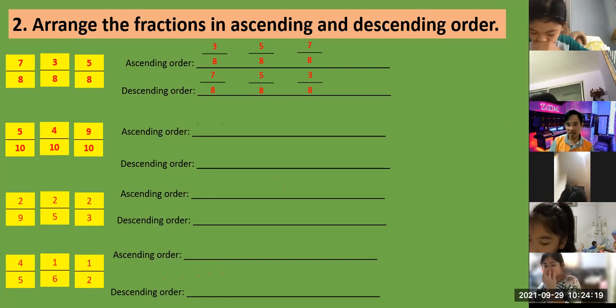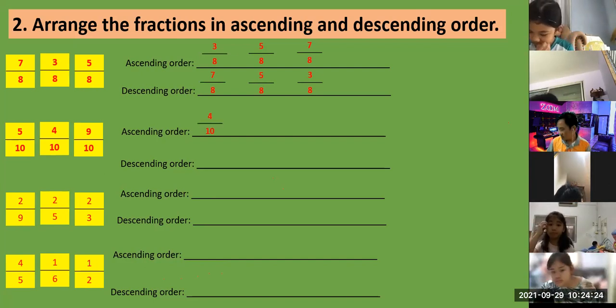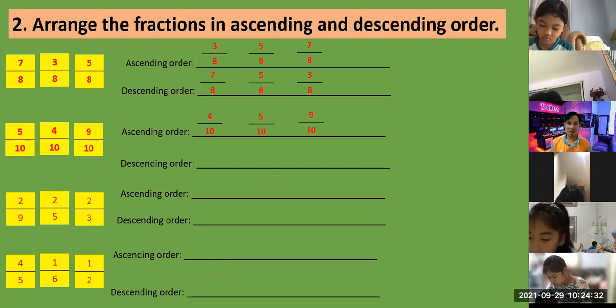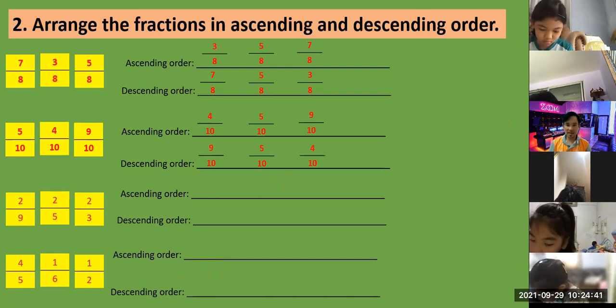Next, the smallest here is 4/10, then 5/10, and 9/10. In descending, start from 9/10, 5/10, and 4/10, right?